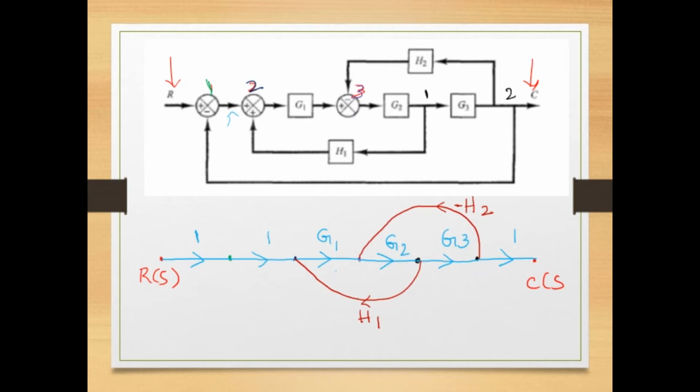So it starts from this point and ends at this point, with a gain equal to minus 1. So this is the signal flow graph for this particular block diagram.